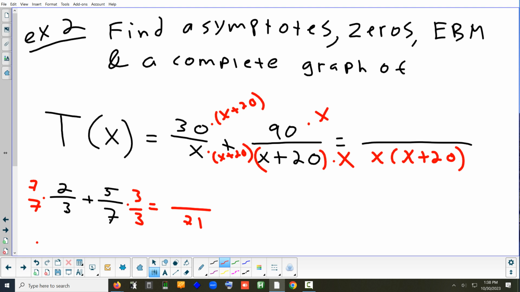Now in the top, what's 30 times x plus 20? That's 30x plus 600. And now the other part you have right here, what's 90 times x? 90x.